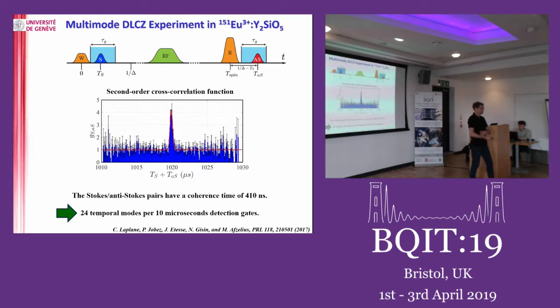And this is what we basically take into the Flagship project, because we did show 2 years ago that we are able to execute a DLCZ scheme here. So we excite the system, we get the Stokes photon out, we manipulate the spins using radio frequency at 35 megahertz. We read out the excitation, get the anti-Stokes, and we show that these Stokes and anti-Stokes are correlated with a cross-correlation function.